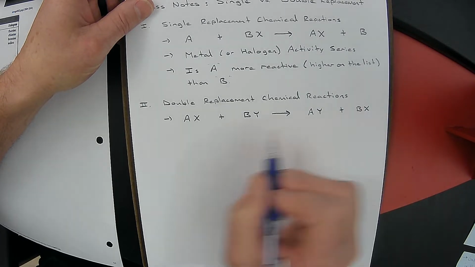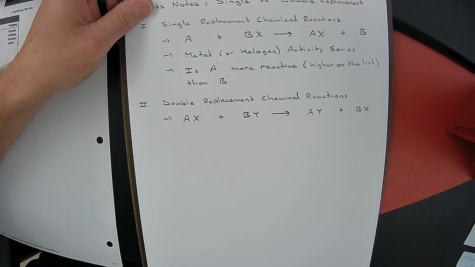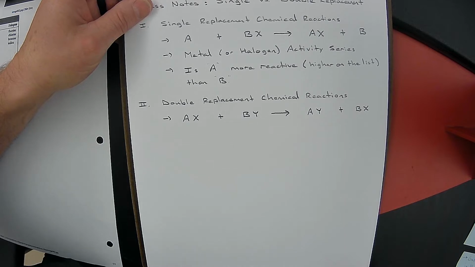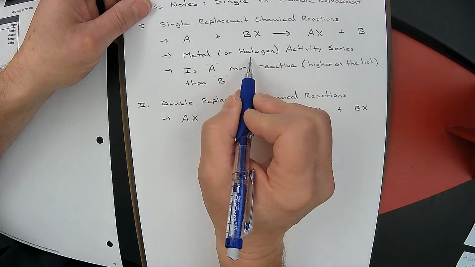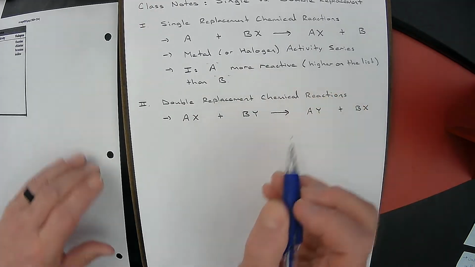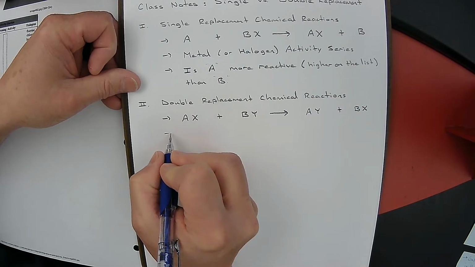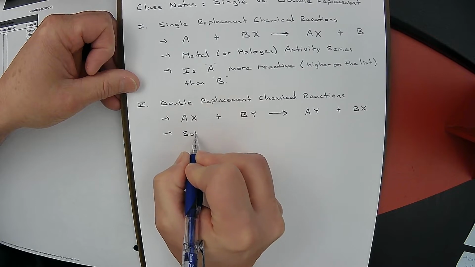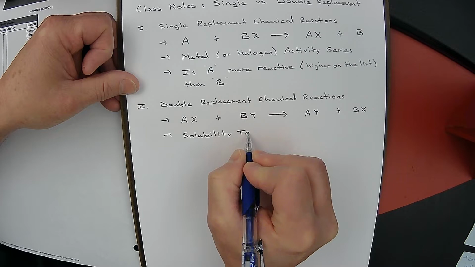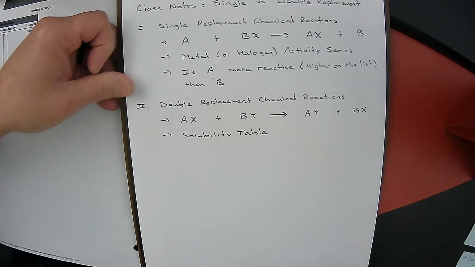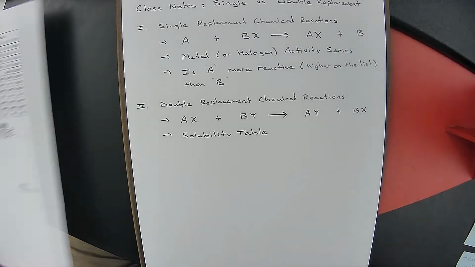And if it is, then the chemical reaction will take place. So what we're going to look at is not the metal activity series or the halogen activity series. What we're going to look at is the solubility table, or sometimes called the solubility chart.